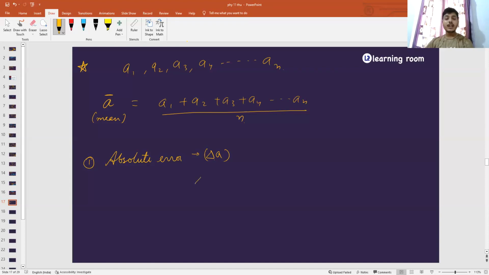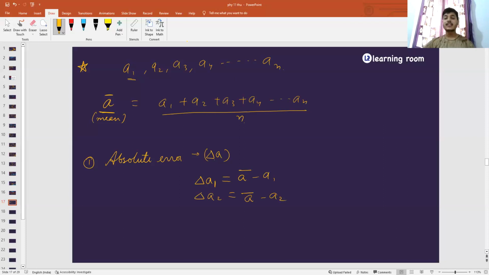So delta A1 will be the error in the first measurement taken from the mean. We assume that the mean is the correct value. So what is the difference between the first observation and the mean? That is the absolute error, A bar minus A1. Similarly, the absolute error in the second observation is A bar minus A2.